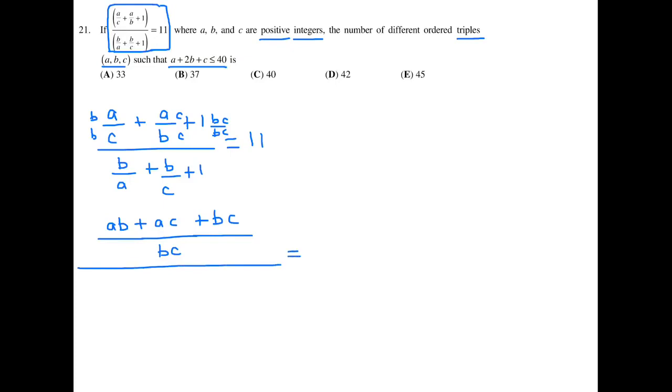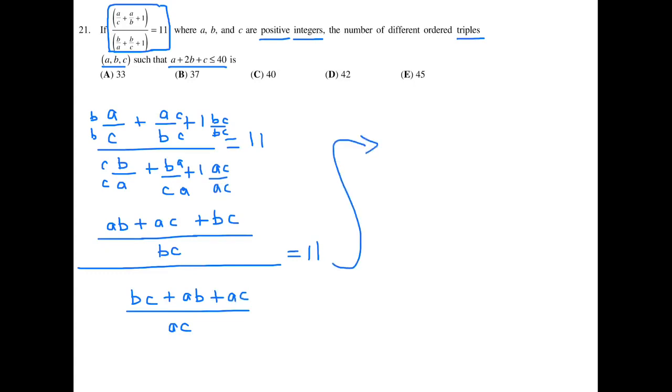Similarly, the bottom looks like we'll have ac as our common denominator, and top and bottom here by c, so this becomes bc, top and bottom here by a, so this becomes ab, and top and bottom here by ac. So this becomes ac.